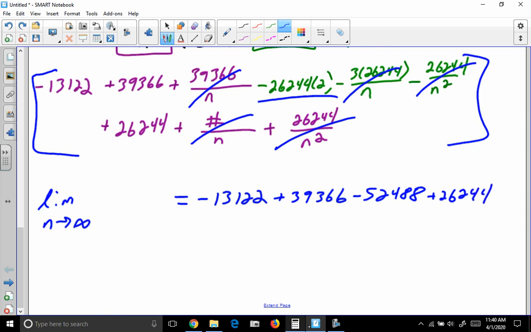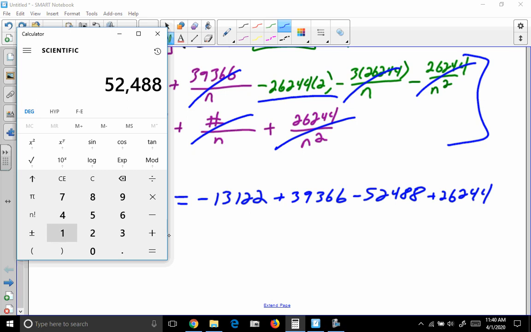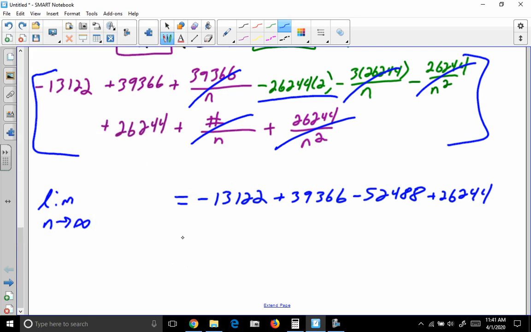So if we combine these, let's see what we get. Negative 13,122 plus 39,366 minus 52,488 plus 26,244, and we get 0.